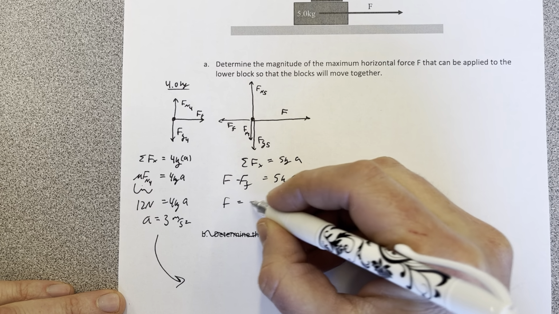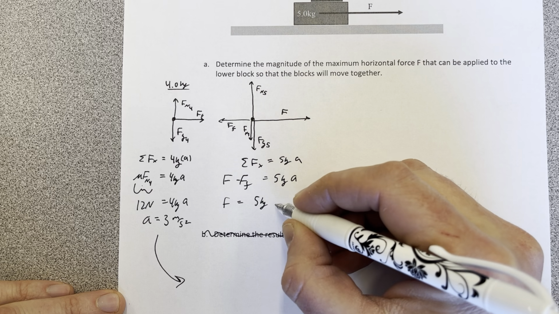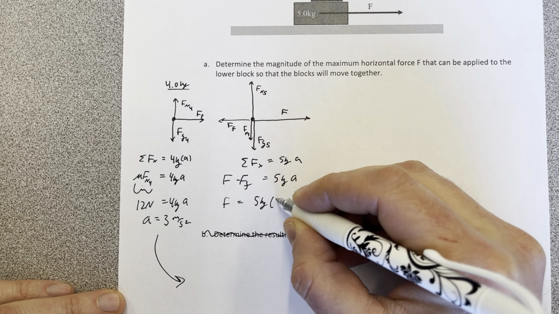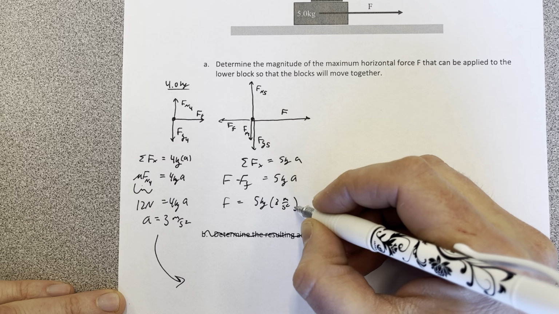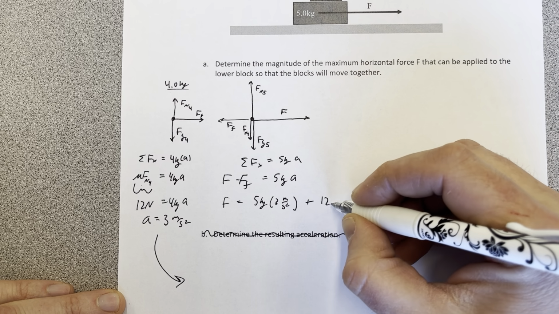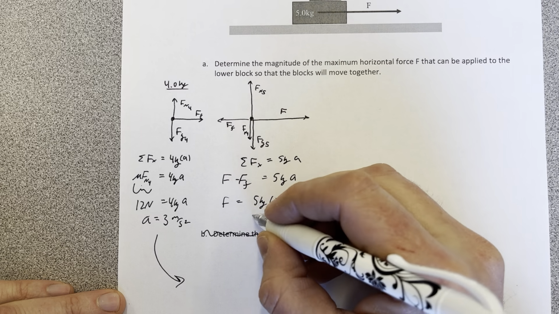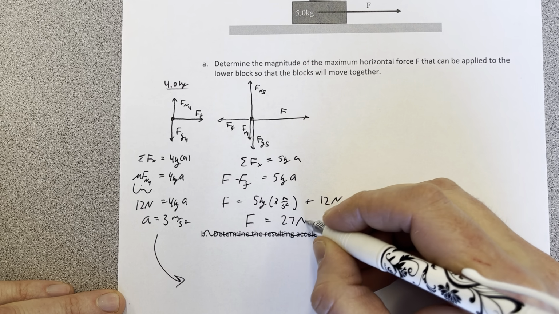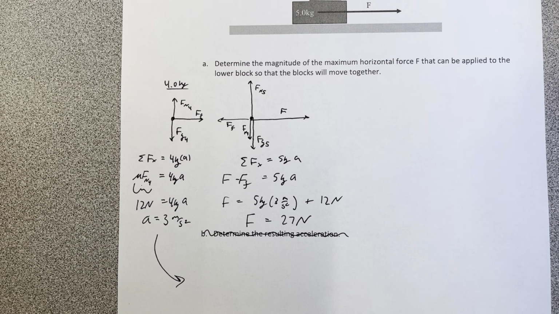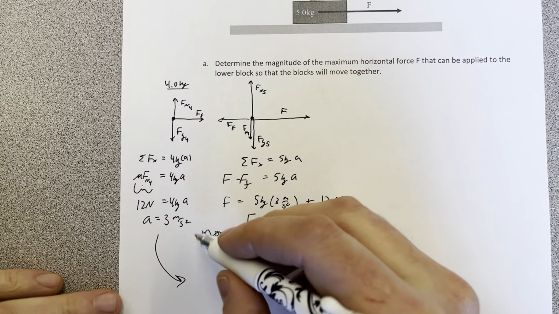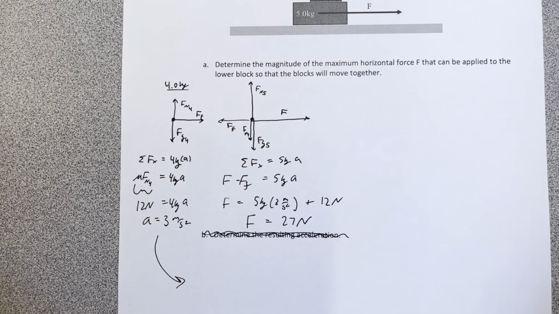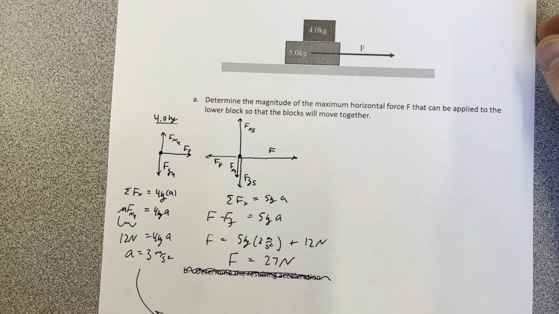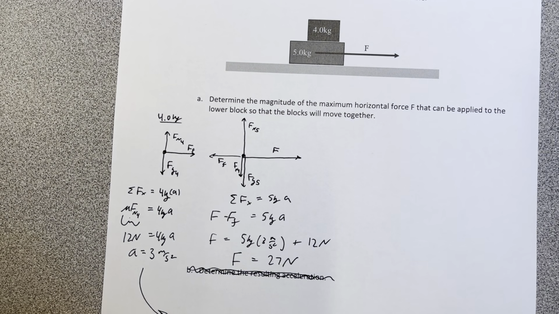So F is going to be equal to 5 kilograms times 3 meters per second squared plus 12 newtons, that force of friction. So you end up with an applied force of 15 plus 12, 27 newtons is what it would have to be. Kind of a weird question. Not my favorite, but kind of interesting. I probably would just ask you to determine the acceleration of the system.